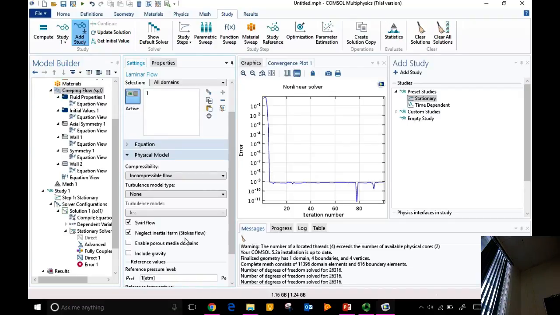So now what you're doing is, instead of solving rho v dot del v equals minus gradient of p plus mu del square v, you're setting the left-hand side equal to 0. Why is that a good thing? It's not a good thing in general, because in this case you do have the inertial term, but it takes the nonlinear term away.